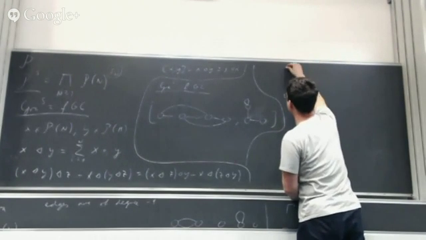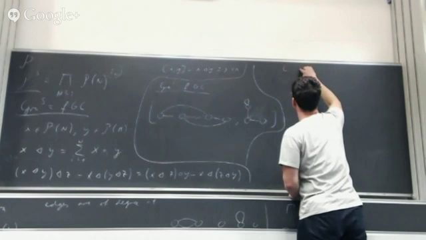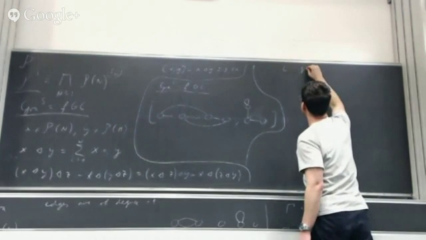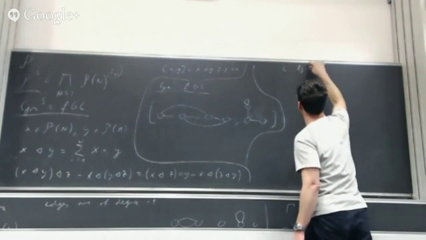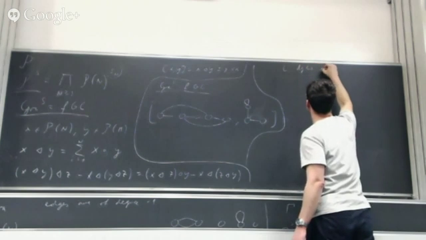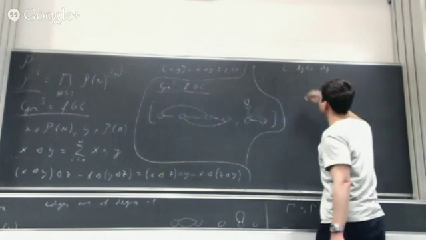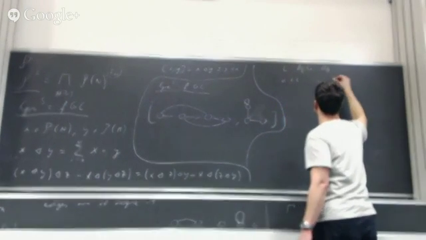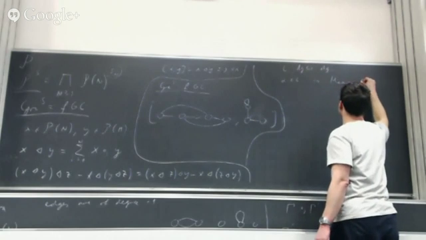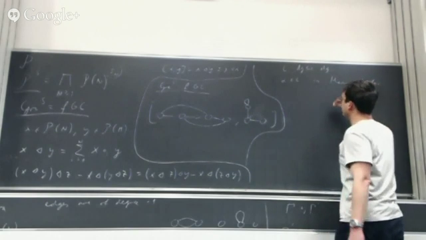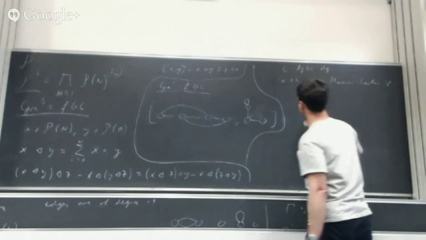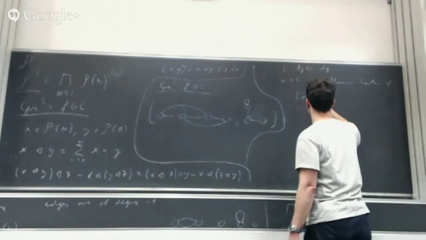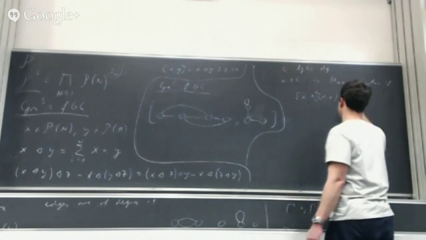In any degree graded Lie algebra L, an alpha in L is Maurer-Cartan if this holds: differential alpha plus 1/2 bracket alpha alpha is 0.